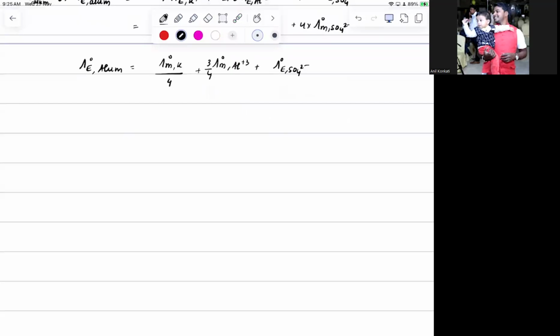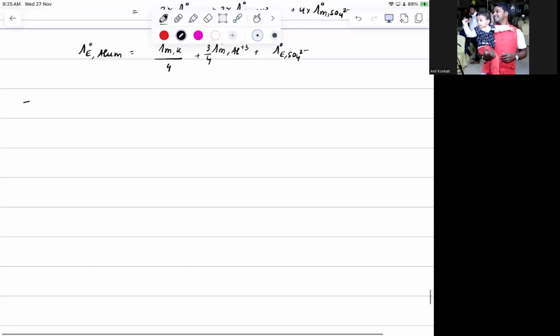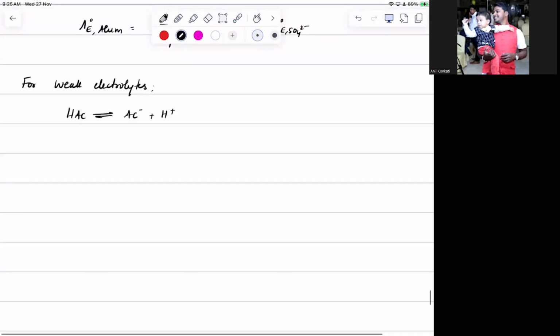The biggest advantage we will get is here, for weak electrolytes. You can take HAc as a weak electrolyte, which becomes Ac minus plus H plus. Clear? Then we can write this as C naught into 1 minus alpha, C naught alpha, and C naught alpha.